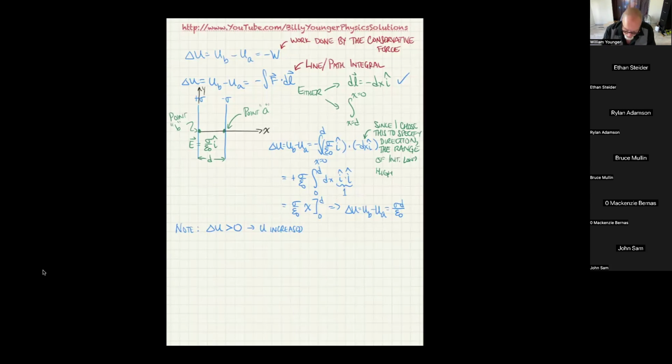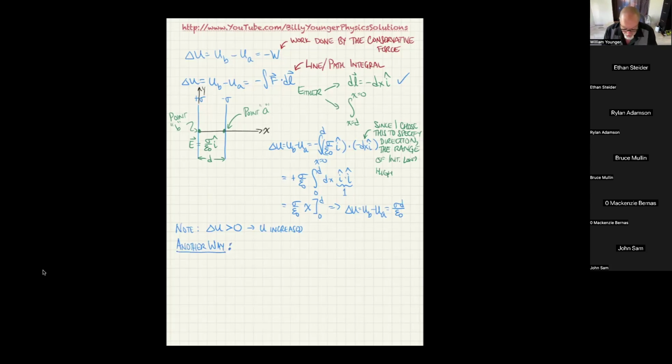So now what I'm going to do is show you how I would have done it if I chose instead to do my range of integration to indicate the direction I went, as opposed to my dl. So another way. Now this is one of the simpler cases where I don't really have to do anything specific about the line I chose.